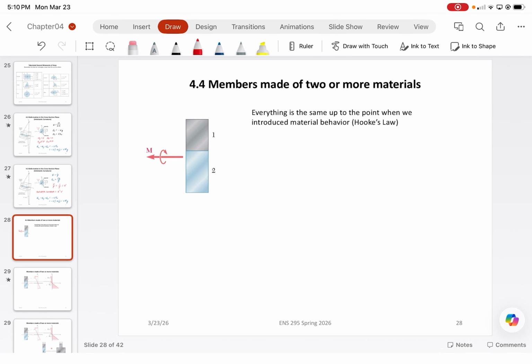So, what's one of the things that we need to recall about composite materials? Their elastic modulus is going to be different, so how much they deform under a certain load is going to be different for each.